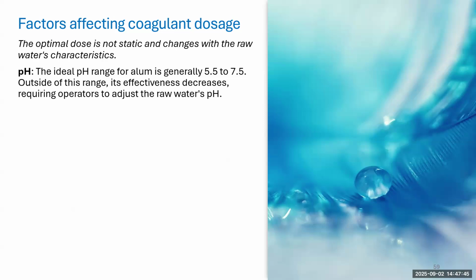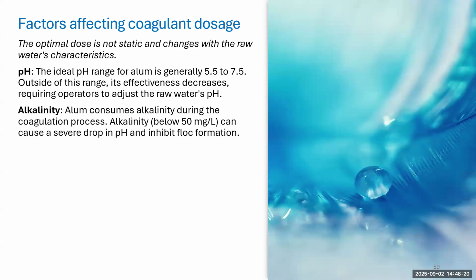For alum, for example, generally people are running it between 5.5 and 7.5, because they're taking advantage of either the charge stabilization or the sweep, or they're trying to find that sweet spot right around 5.8 or so, where they're taking advantage of both. And we have to think about that in context. Just because people are using that range, we don't know if they're also using polymers and other types of adjustments to improve the effectiveness of it.